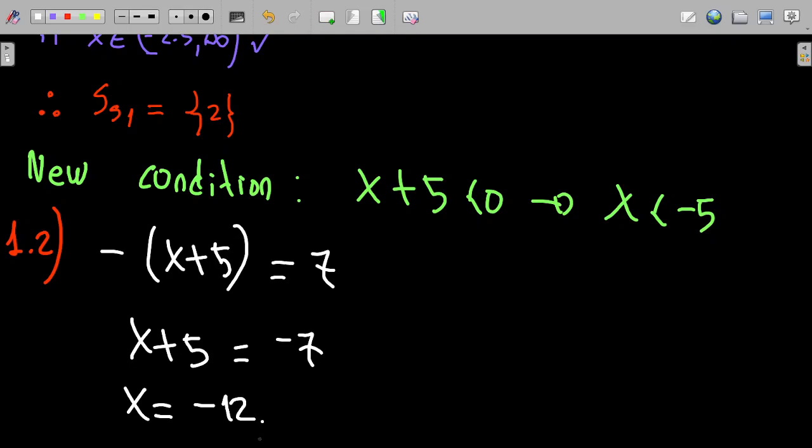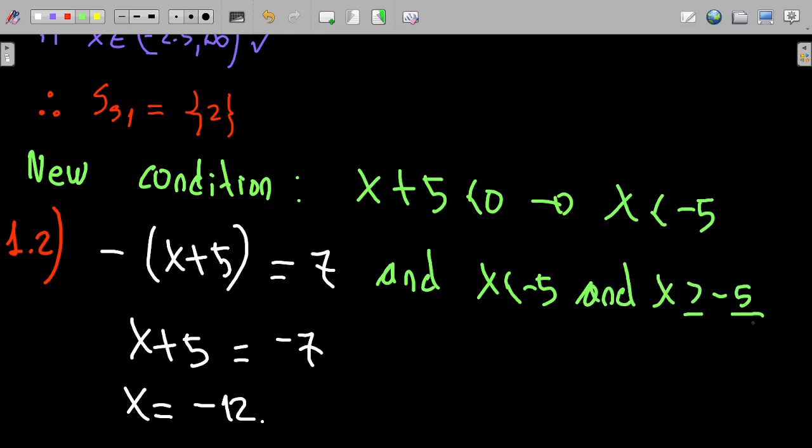But again we need to check our conditions. Our conditions are x less than negative 5 and x bigger or equal to negative 5 over 2.